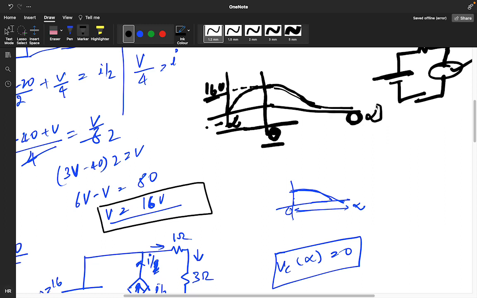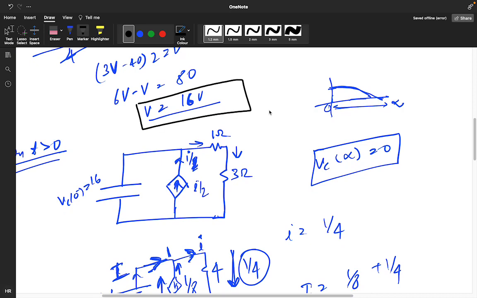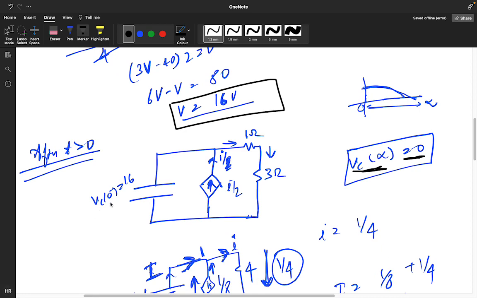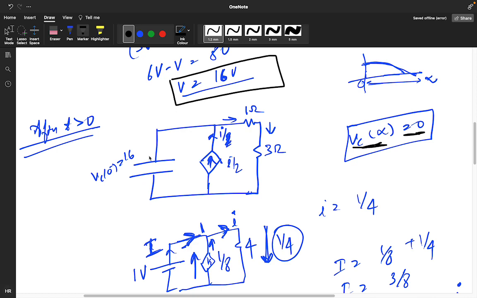This is your infinite time. So I take Vc at infinity as 0, because there is no external source to charge the capacitor, and I have this circuit at infinite time. Vc at infinity is 0.